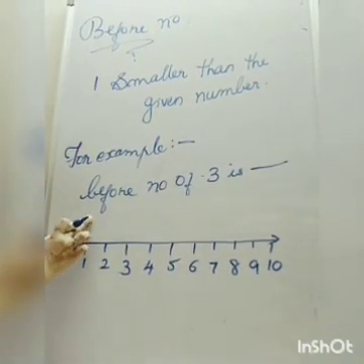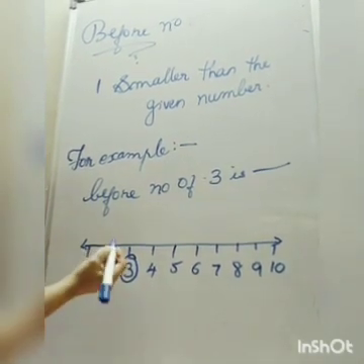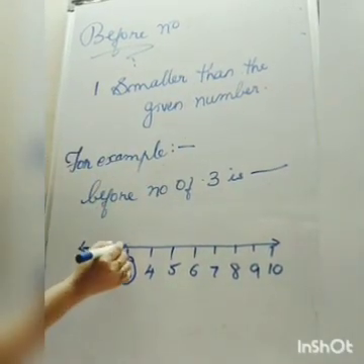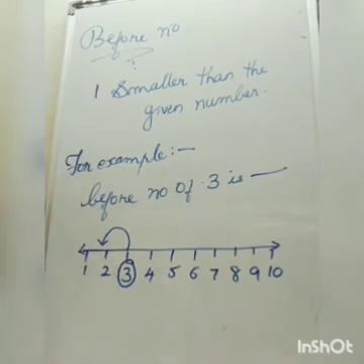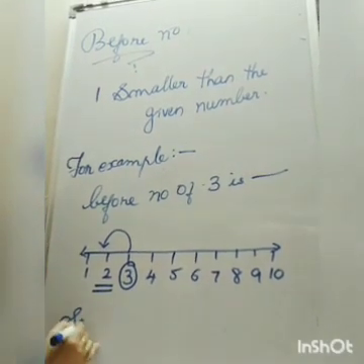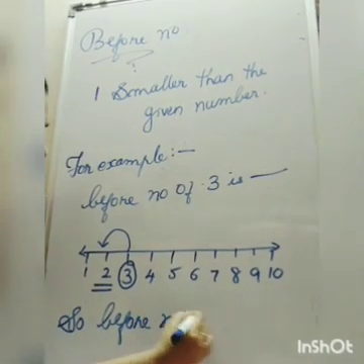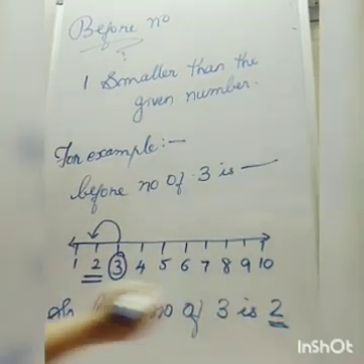What is the question? Where is 3? Here 3 is here. Then 1 smaller than the given number. That means we have to go backward. We get 2. So before number of 3 is 2. Understand?